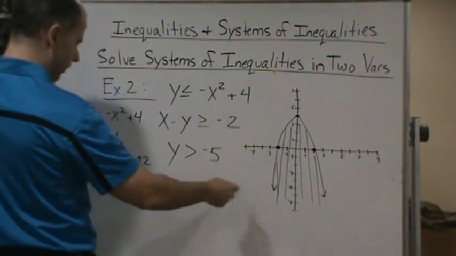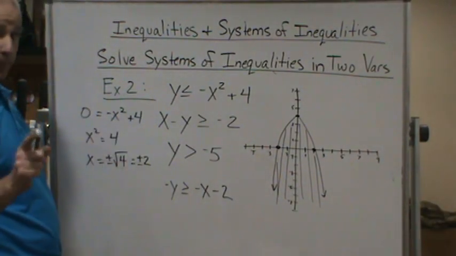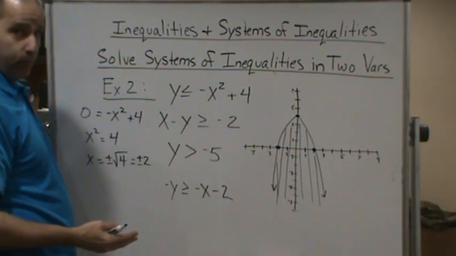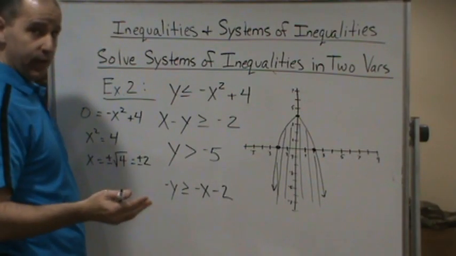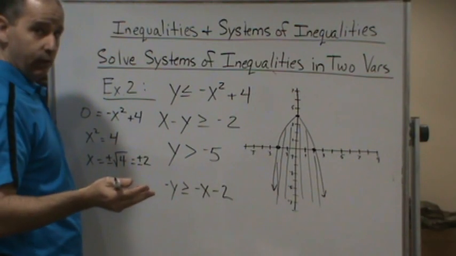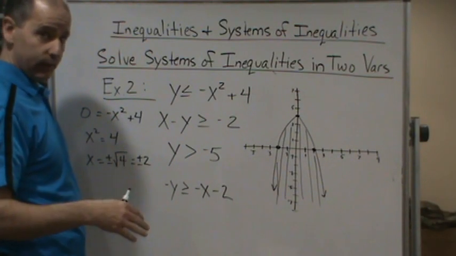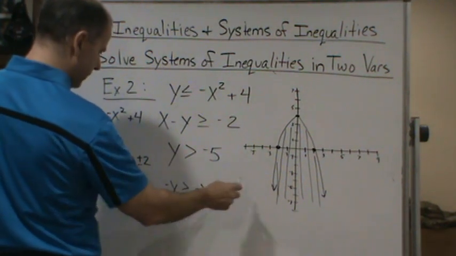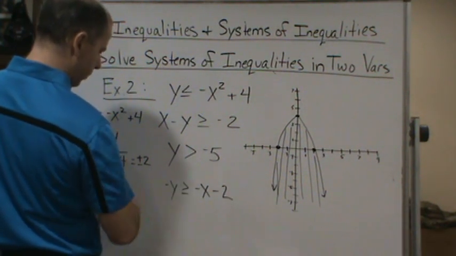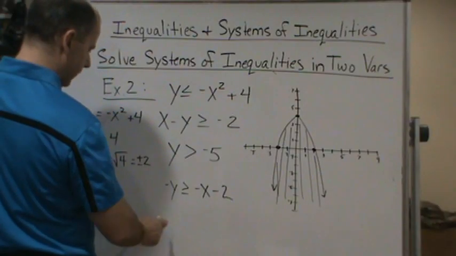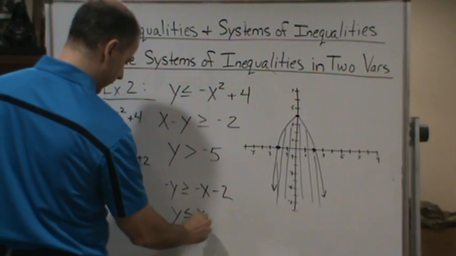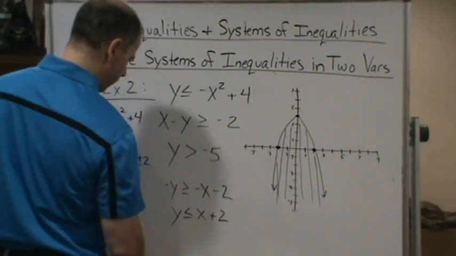And if we multiply everything by negative 1, we're going to flip the inequality. Don't forget that. Anytime we multiply or divide by a negative value, the inequality flips. Okay, so if I multiply everything by negative 1, all the signs are going to change and we're going to flip the inequality. So this will become y is less than or equal to x plus 2.